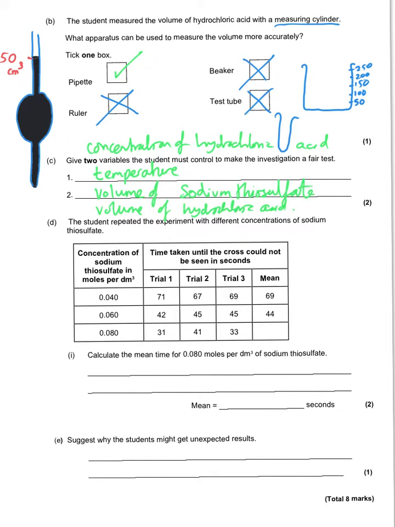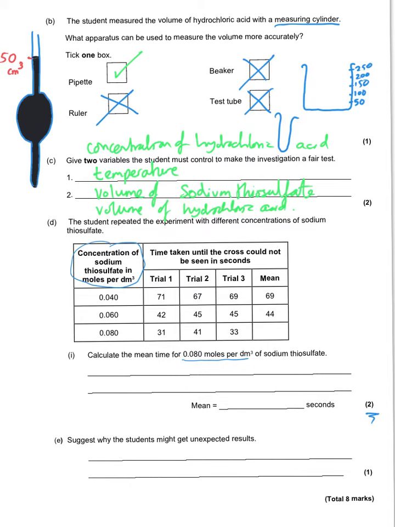The next question asks us to calculate the mean from this results table for the 0.08 moles per cubic decimeter concentration of sodium thiosulfate. So you can see the 3 concentration values, and it looks like they repeated the experiment 3 times for each different concentration. So we've been asked to calculate the mean.